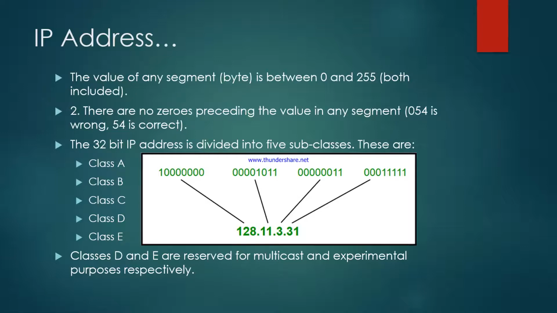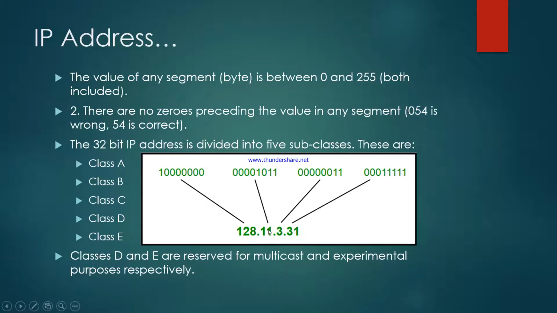So an IP address is divided into 4 octets and each octet can have a value between 0 and 255. It cannot be less than 0 and it cannot be more than 255. So here the binary of 128 is 1 0 0 0 0 0 0 0. This is the 8-bit binary.